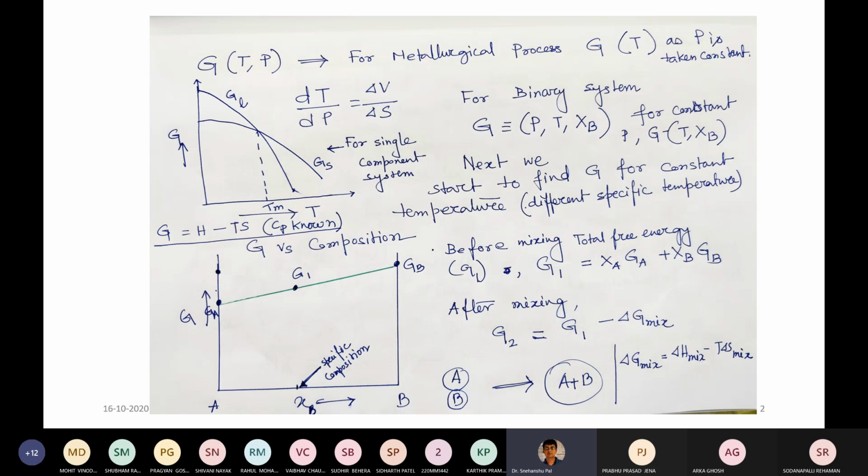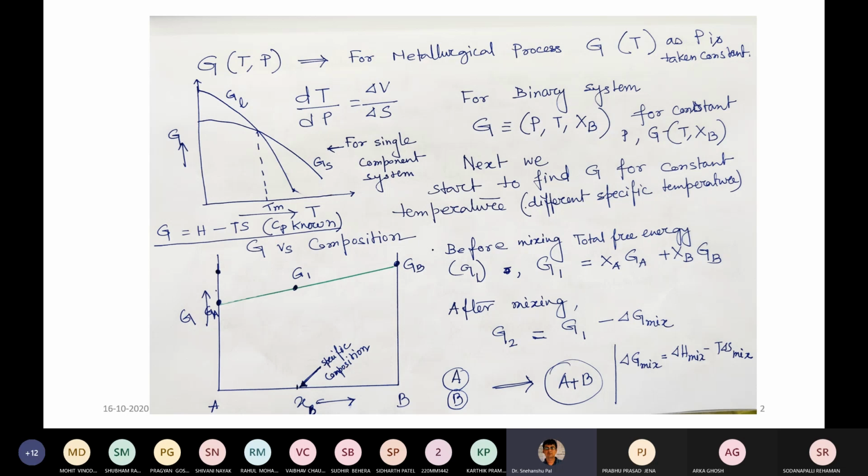After mixing, the scenario will be different, because through mixing there may be a certain new energy term, the free energy of mixing, that you have to consider. After mixing, the free energy G2 will be G1 minus del G mix for a specific composition, after mixing A plus B. So what will the del G mix be?